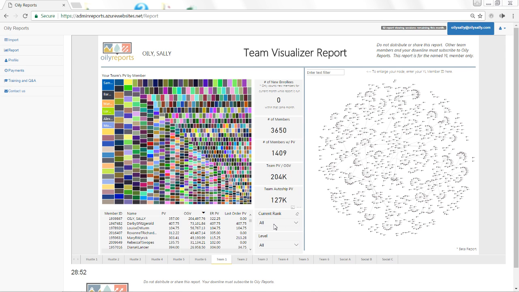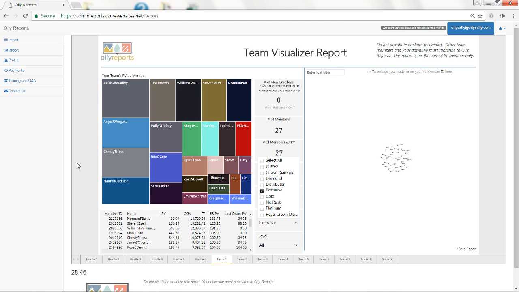Another thing I like looking at is ranks. You say, I only want to look at my executives and what's going on. You can more or less ignore this right side when you're looking at ranks, because the flow from level to level does not show.